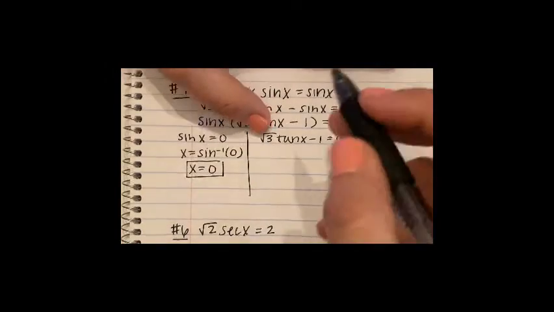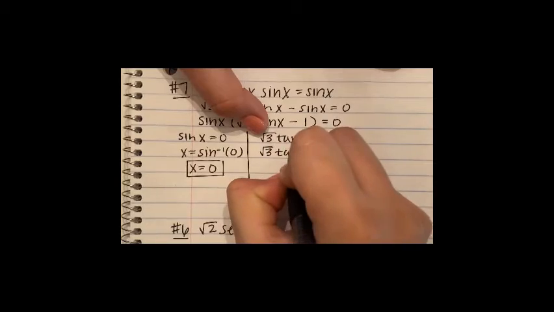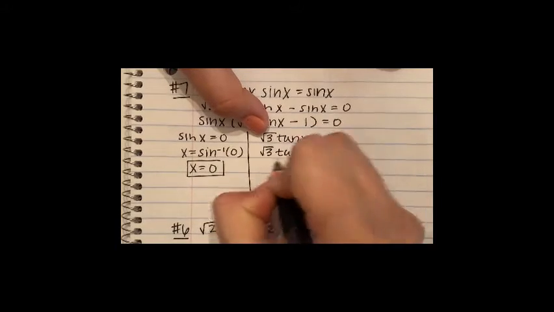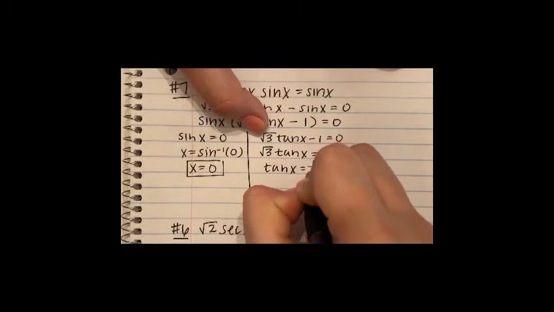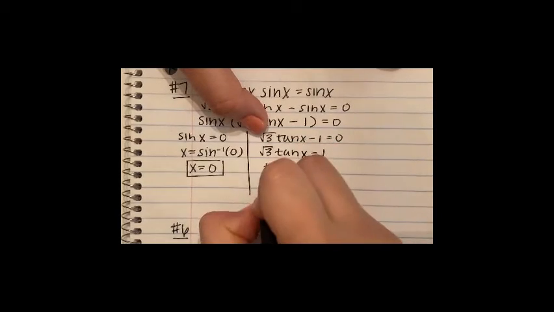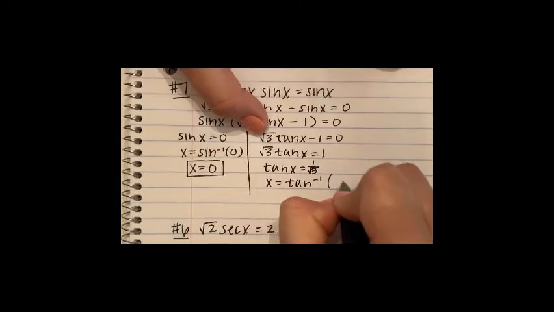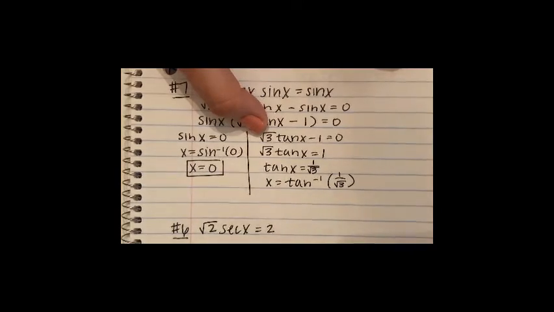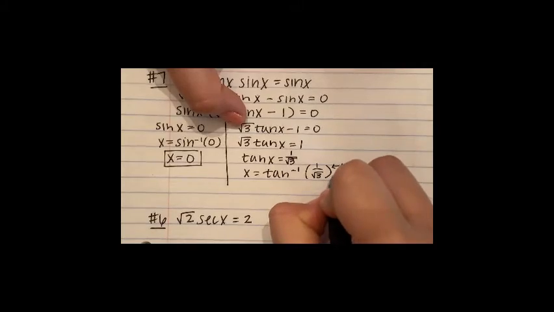Okay, for the other side, we have a little more moving around to get x by itself. So first, I'm going to add the 1, and then divide by that √3. Now we'll take the inverse. Okay, remember, cosine is x, sine is y, but tangent is y over x.